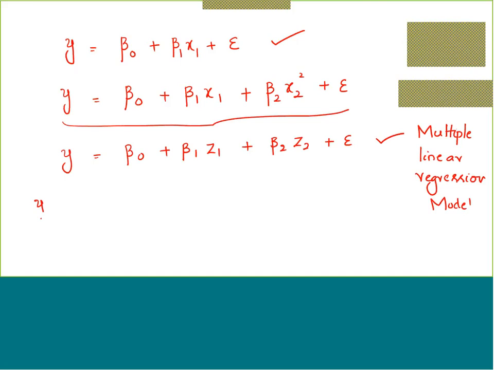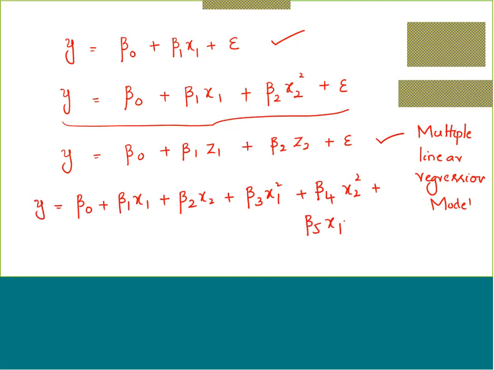Similarly, if I take y equal to beta naught plus beta 1 x1 plus beta 2 x2 plus beta 3 x1 square plus beta 4 x2 square plus beta 5 x1 x2, the interaction term, plus epsilon.